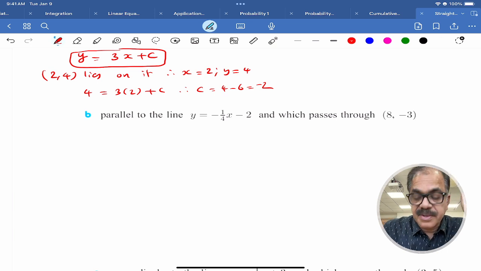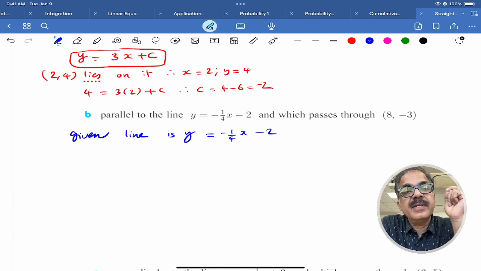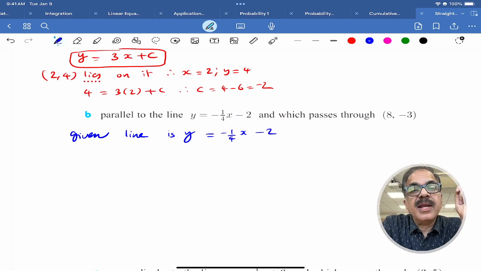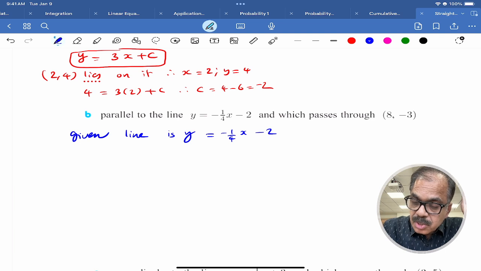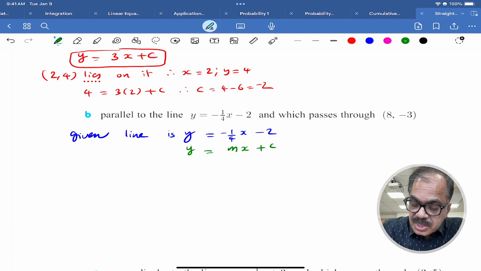So I'm going to start with the given line. I'll say the given line is y is equal to negative 1/4 x minus 2. That's the given line. And so I can write its gradient because it looks like y is equal to mx plus c. It matches with the standard format. So m is equal to negative 1/4.